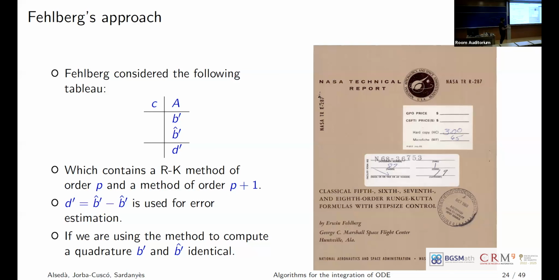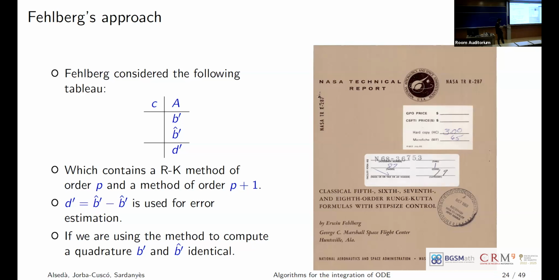So this difference is used to estimate the error. And you go like this. A side comment is that if you're using the Runge-Kutta method to solve an integral, so the vector field has no dependence on x, which is completely madness, no one will do that, the estimation of error of the Runge-Kutta method is 0.